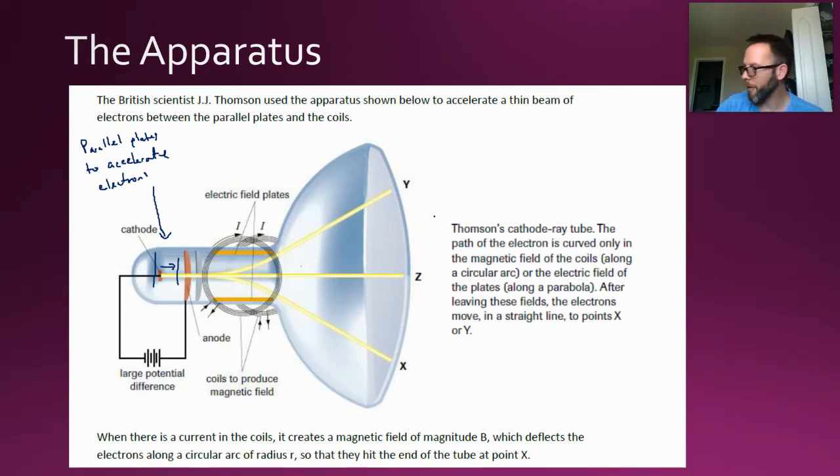So if you can imagine, if you turn off the coils, so there's no magnetic field, you're going to have two parallel plates. And if you recall our work with the inkjet printer, we know that the electron will be deflected somehow. So this point Y represents the deflection from applying some potential difference to the field plates.